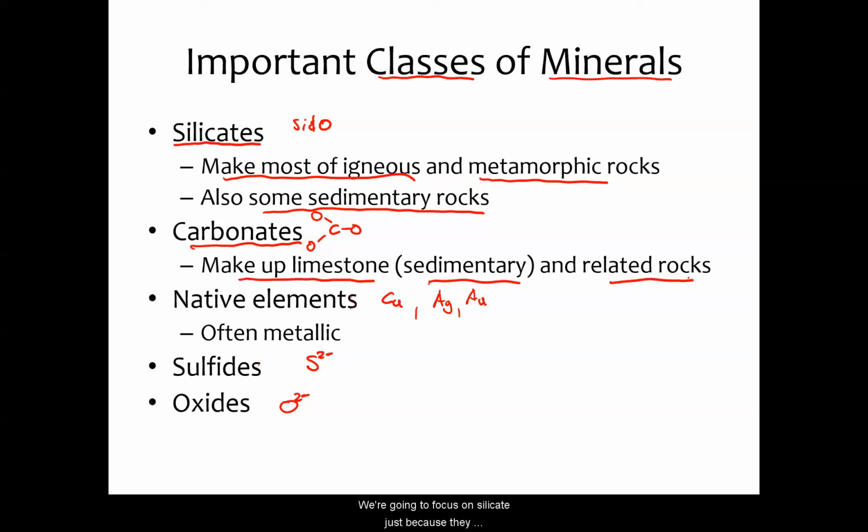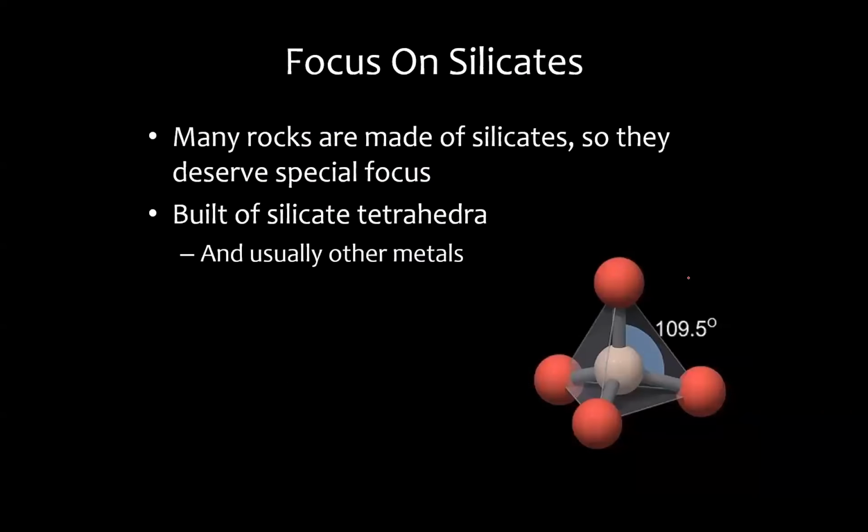But we're going to focus on silicates just because they make up so many different types of rocks. So they deserve special focus just because there's so much of them. They're built on the silicate tetrahedra. We'll write that sometimes as SiO4, and it turns out it has a total 4- charge.